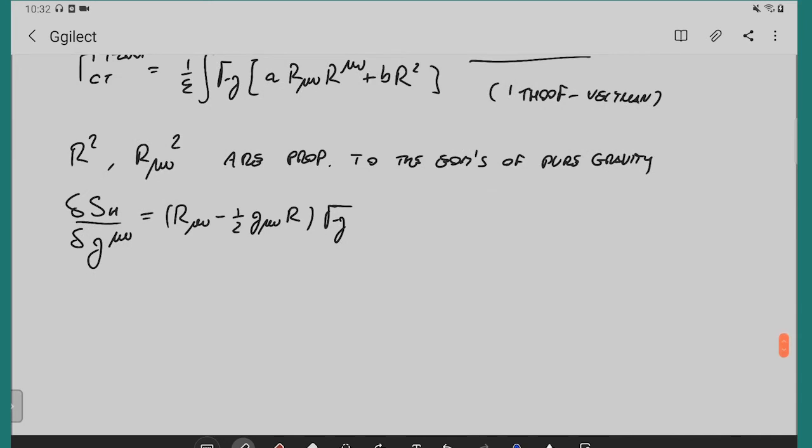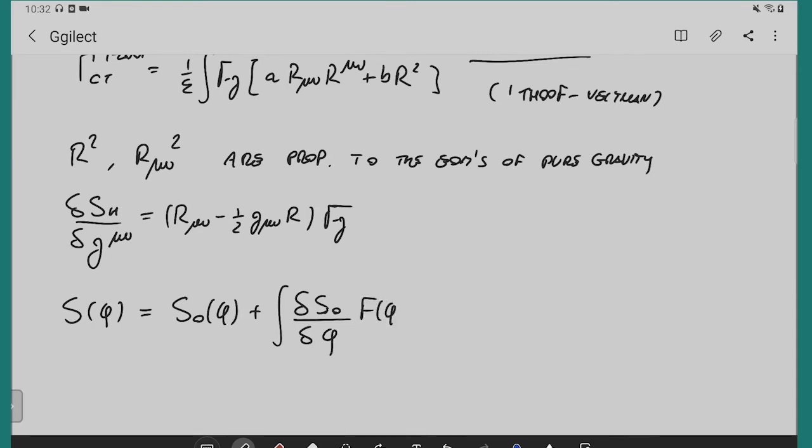This works as follows. If you have an action of a field phi, which is written as another action, S naught, plus some terms that are proportional to the equation of motion of S naught, and then here there might be some function of phi.